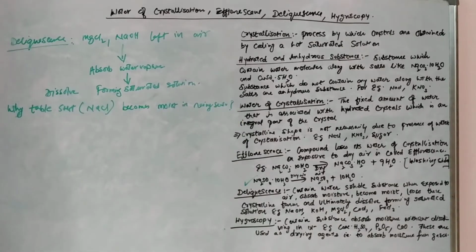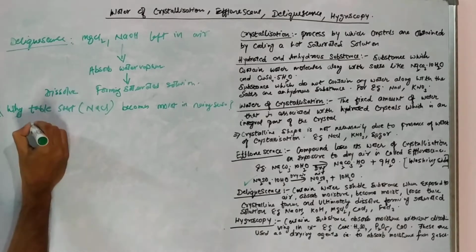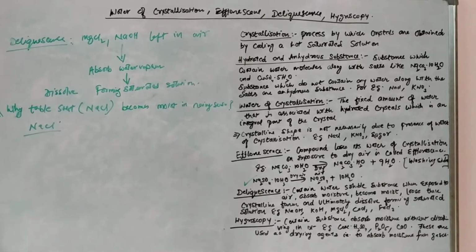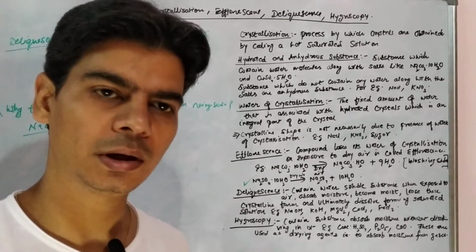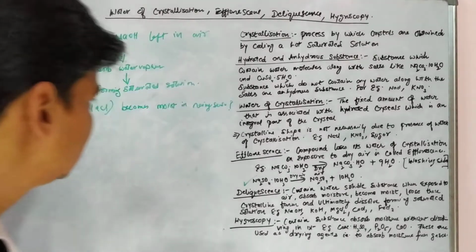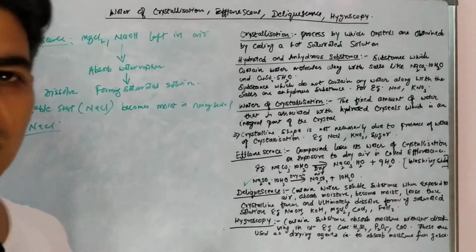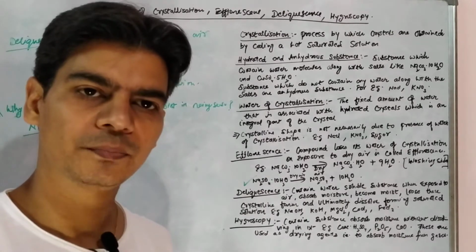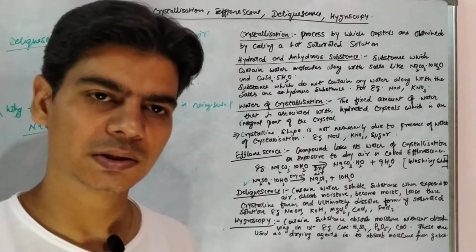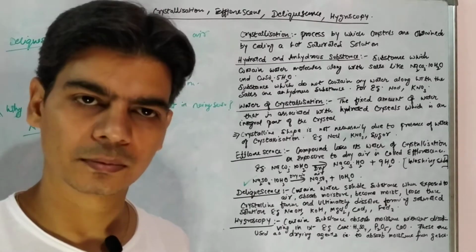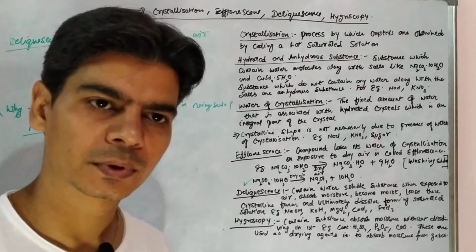It's because the sodium chloride salt is not a deliquescent salt, right? If it's not deliquescent, then how does it become moist? You might have noticed that if you leave salt outside for some time in rainy season, it will absorb water, right? It will become moist, right?